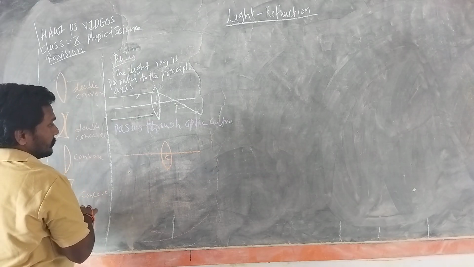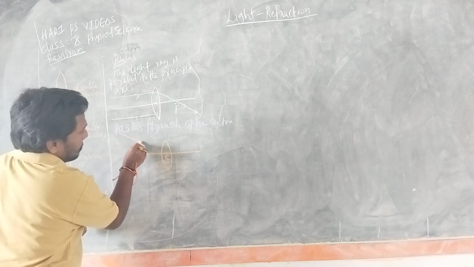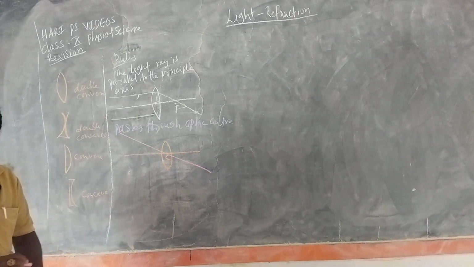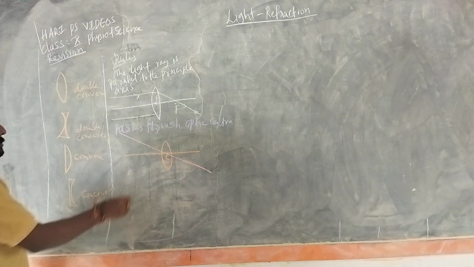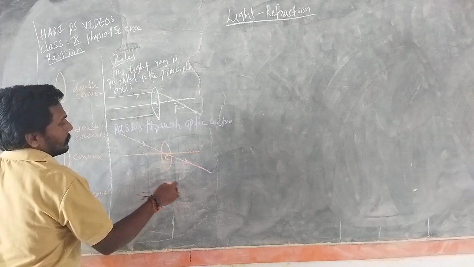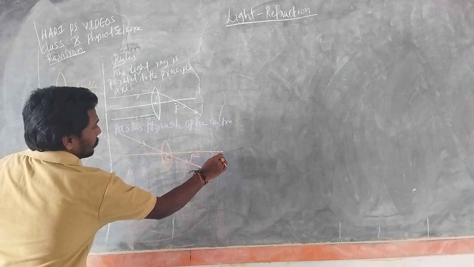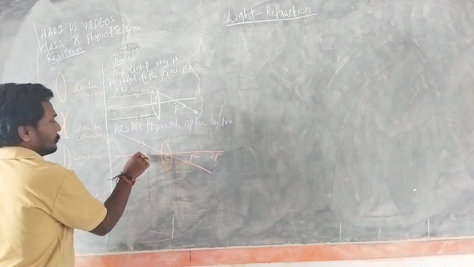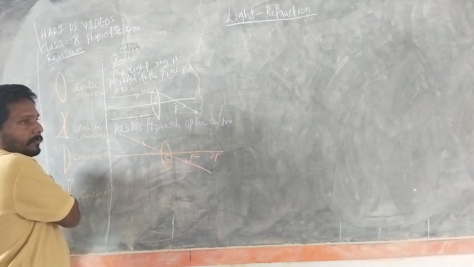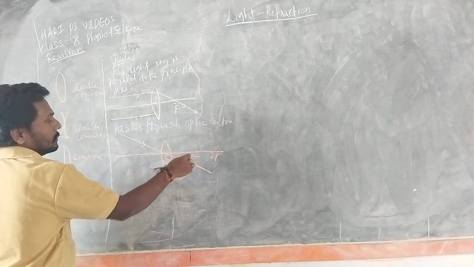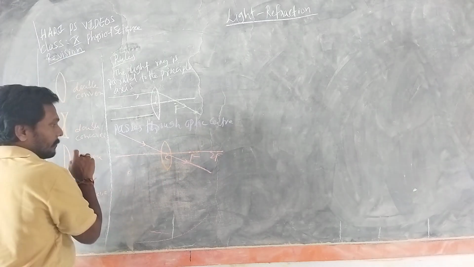If the light passes through the optic center, it moves straight like that. As usual, the focus will be on this side also, since there are two spherical surfaces, two curved surfaces. You can take them as F and F.